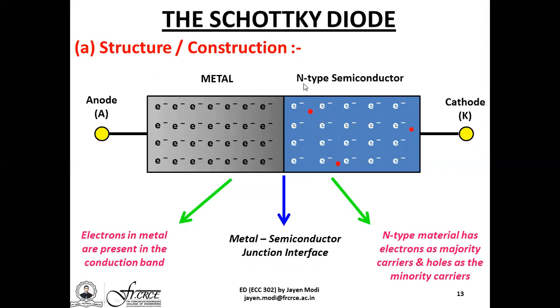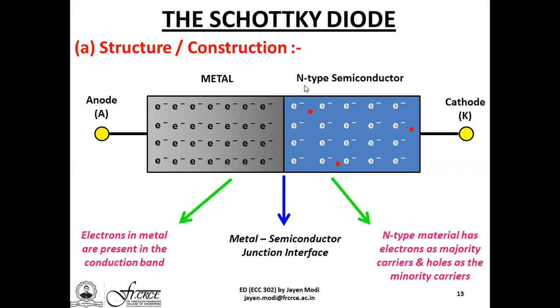But this n-type semiconductor material is now interfaced with a metal, not with a p-type semiconductor material. Reason is that electrons have a mobility which is roughly 2.5 times faster compared to holes. So it makes sense to have an n-type semiconductor material in the interface of the metal and the semiconductor itself.